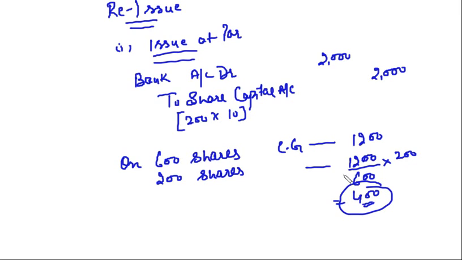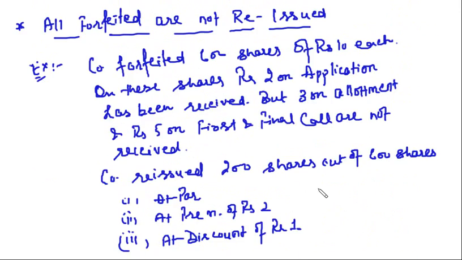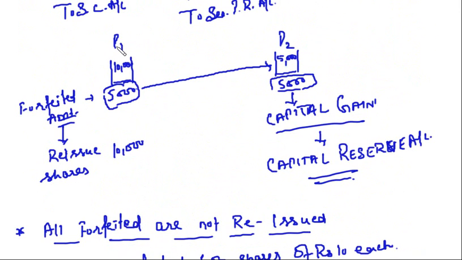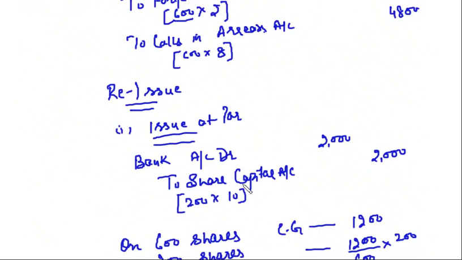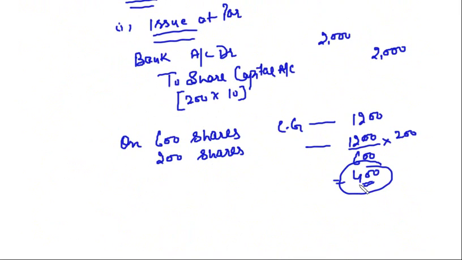So 1200 was calculated for 600 shares, and I calculated the amount in the forfeited shares account for 200 shares. That means if I have to shift the amount from pocket 1 to pocket 2, I will shift only for 200 shares and not 600 shares. So I know the amount for 600 shares, and I can calculate the amount for 200 shares. That amount is 400 rupees.